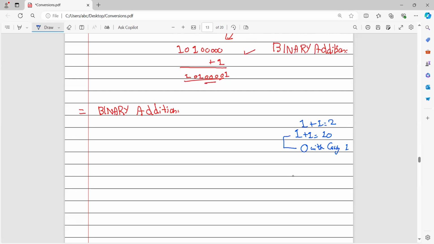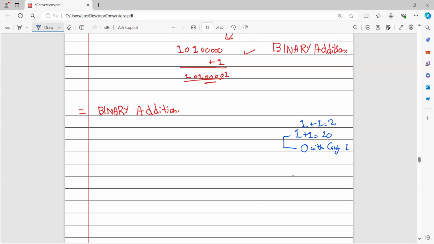Does this make some sense? No. Can you prove it? How am I supposed to prove it? And what if I say that I can prove that 1 plus 1 is equal to 0 with carry 1, or 10?